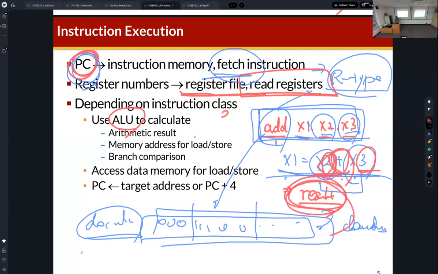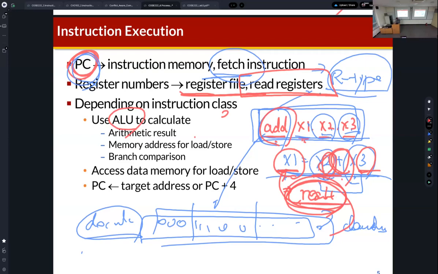So the result is generated. What is required for the next step? The result needs to be stored in X1, because this add instruction changes the target register, the destination register X1.